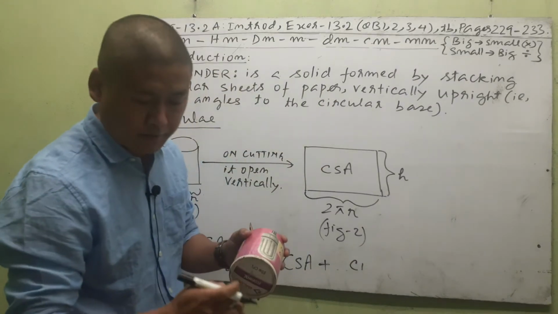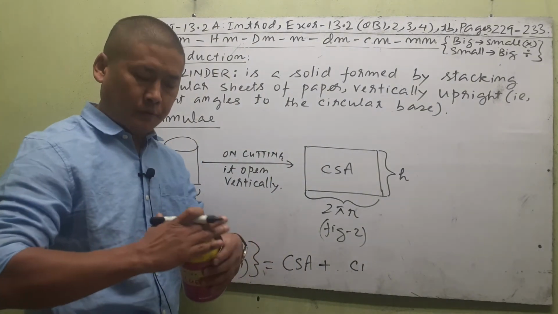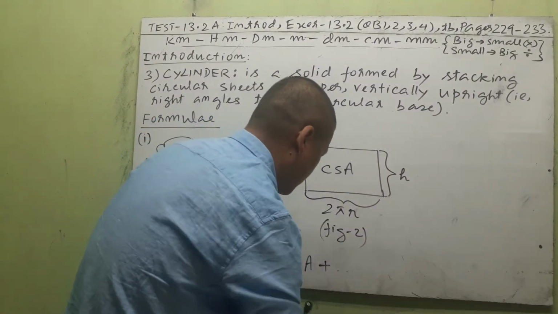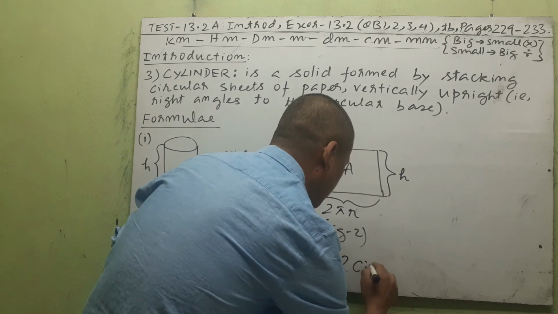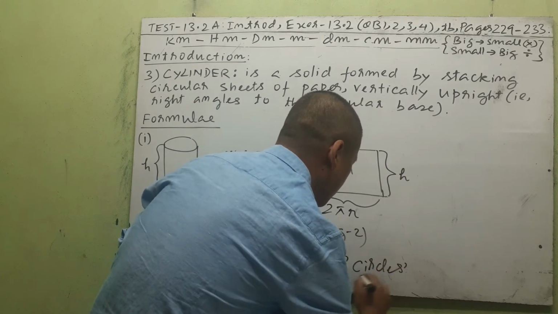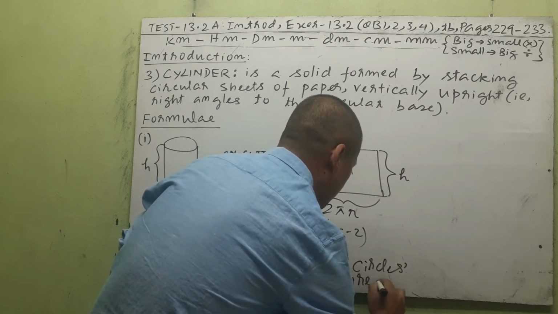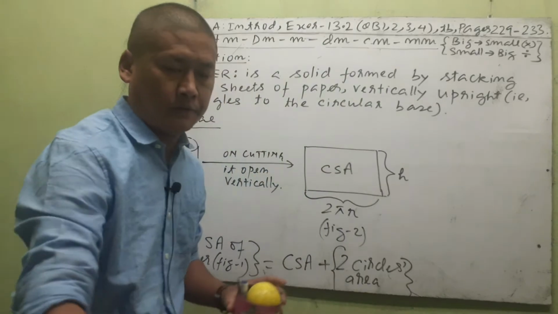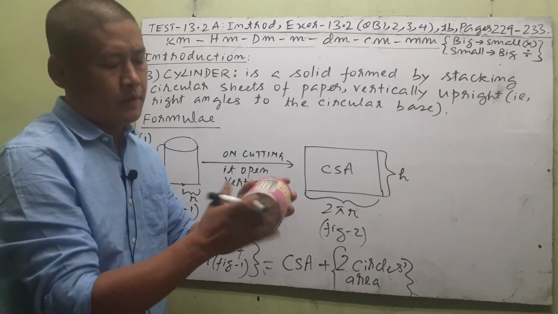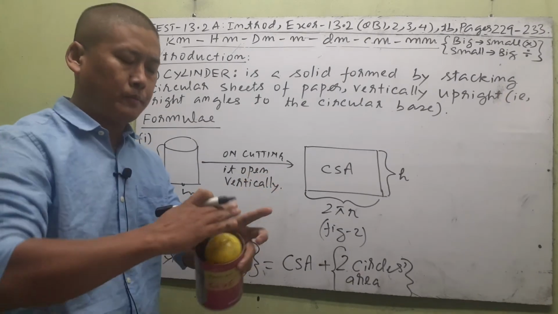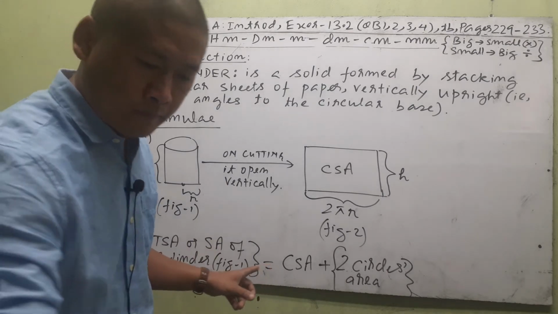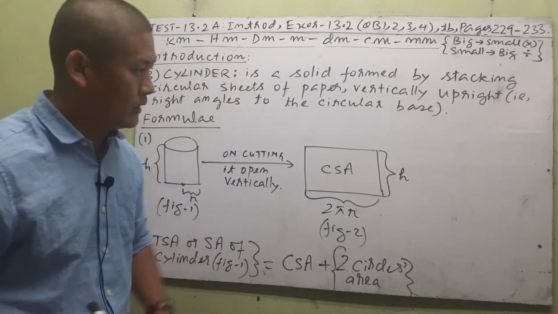So one circle, then this is supposed to be closed technically, so second circle, so we have to write 2 circles area. So that is the total surface area. See, curved surface area plus first circular base and the top circular, everything is covered, is the total surface area or surface area. So that is the formula.